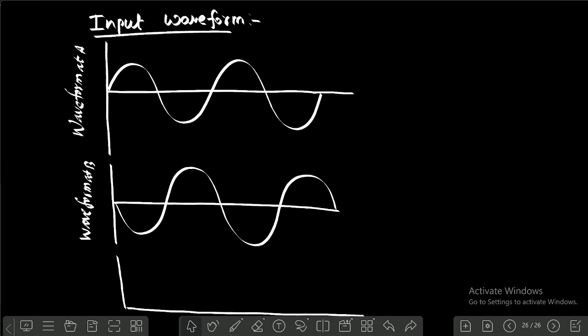It is across RL. These two are basically the input waveforms, and this is our output waveform.